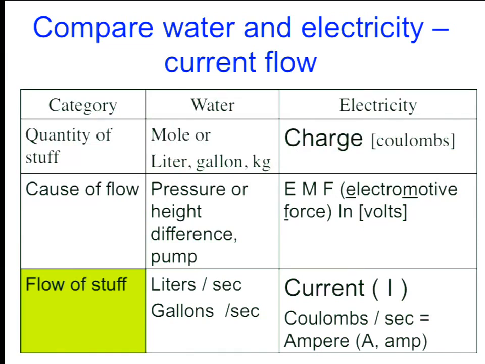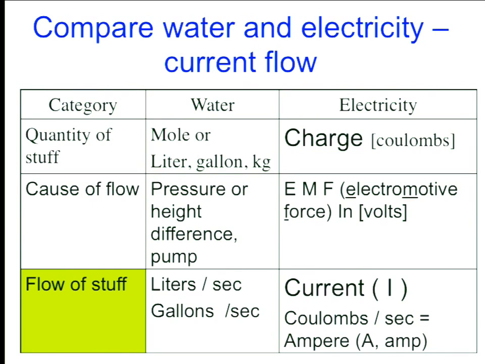Again, named after a French scientist, Ampere, whom we'll encounter later and understand why he's so famous. An ampere is if 1 coulomb passes a place per second. That's an ampere.